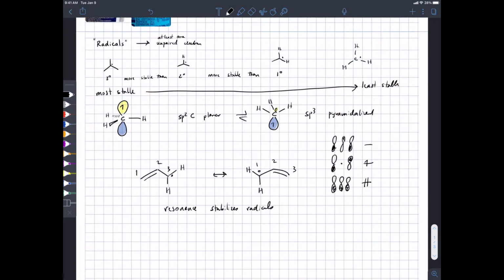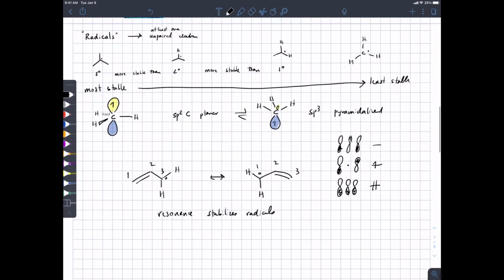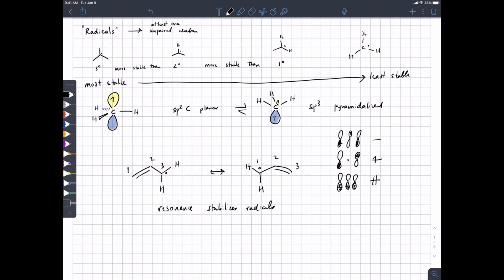Hey professor. Okay, go ahead. Sorry. This is kind of a dumb question, but when we say radical, are we just talking about the lone electron, or the molecule with the lone electron? Good question, and sorry for being surprised. I didn't mean to say whoa as though it were a bad thing to ask.